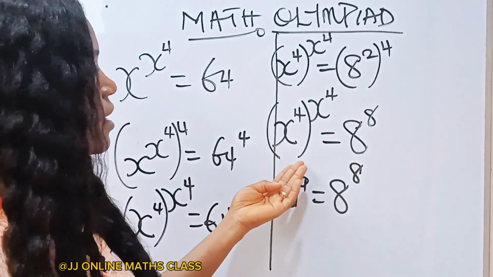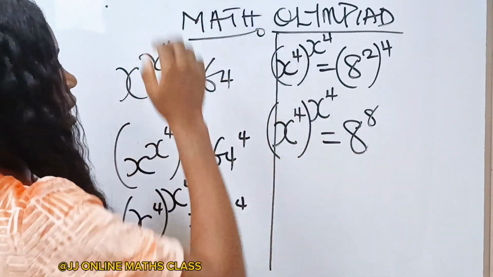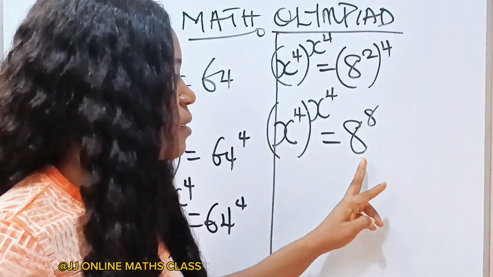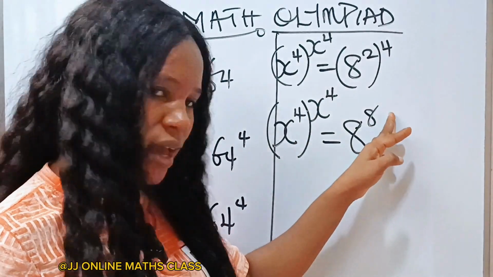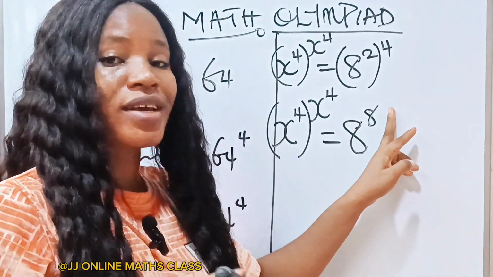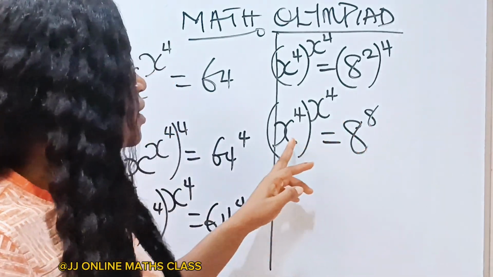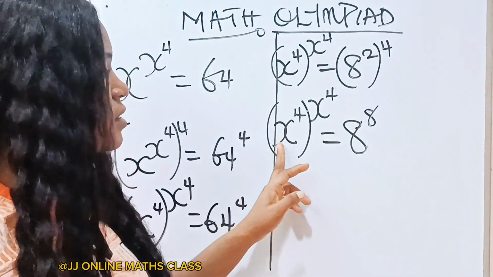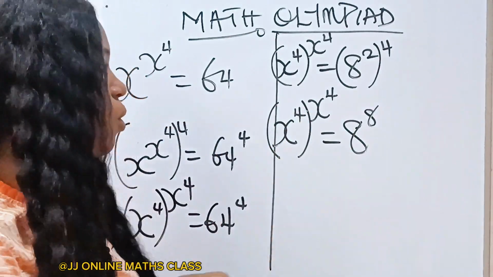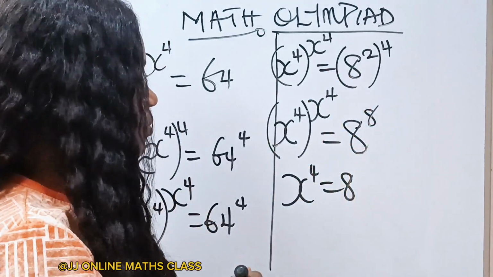Since this is equal to this, logically we can say that x to the power of 4 is equal to 8, because this is 8 to the power of 8, the same number raised to the power of itself. The same thing happened here. So if this is equal to this, then logically x to the power of 4 is equal to 8.